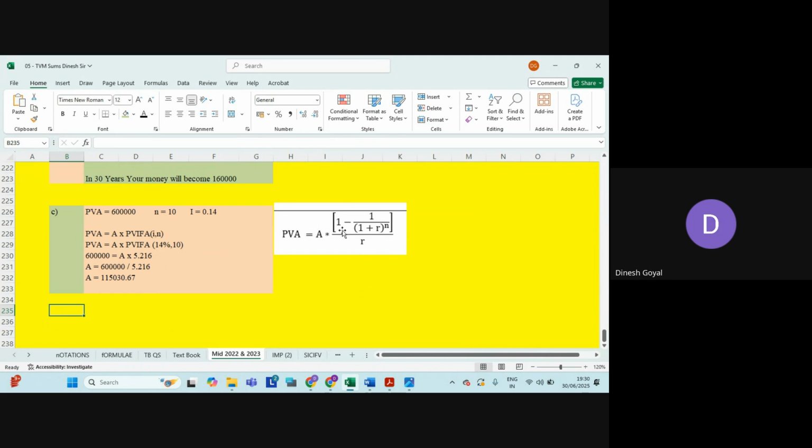Yes. First subtract 1 minus whatever value will come here, then subtract, and divide by that r value. The last r which is there down, we have to do it in the end or before? Yes, sir. In the end, you have to divide with that. Okay, fine.